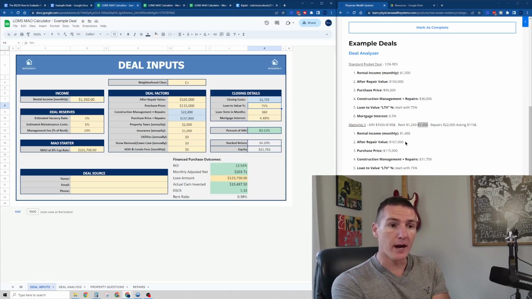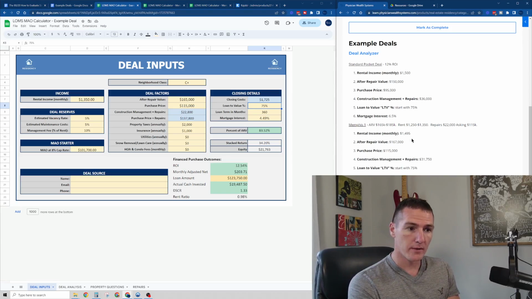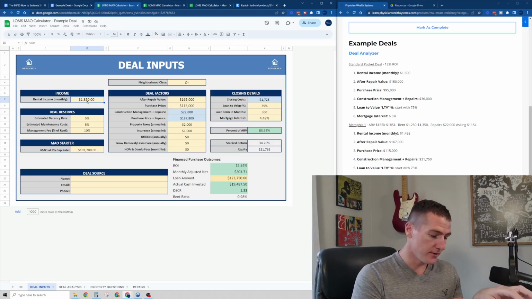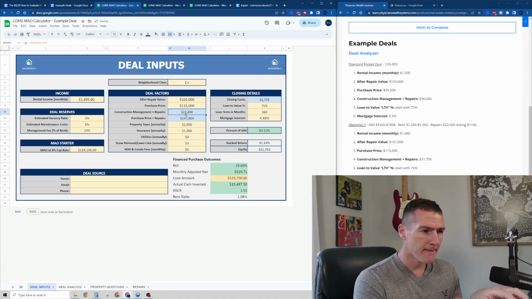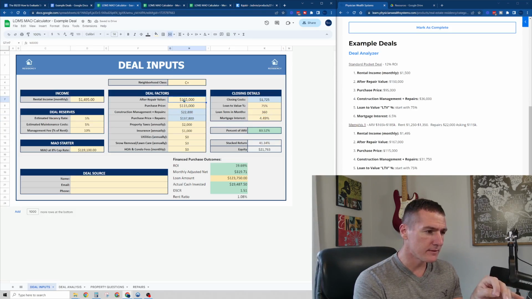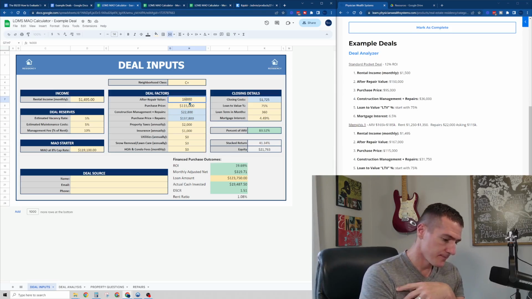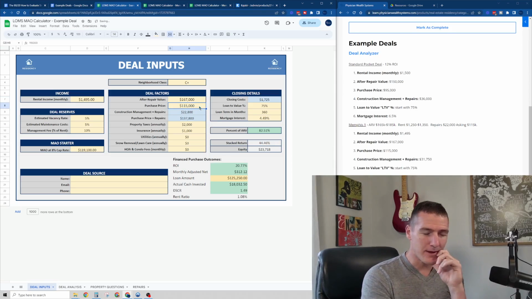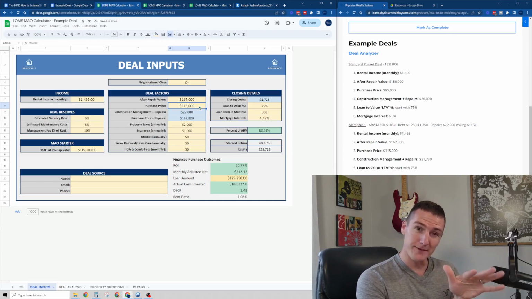But what I want to do now is actually put in here what we know happened on this deal. So this turned out at $14.95. We were at 167. I think this is the one that we did the ARV on too, and I think the 150 was the safe.